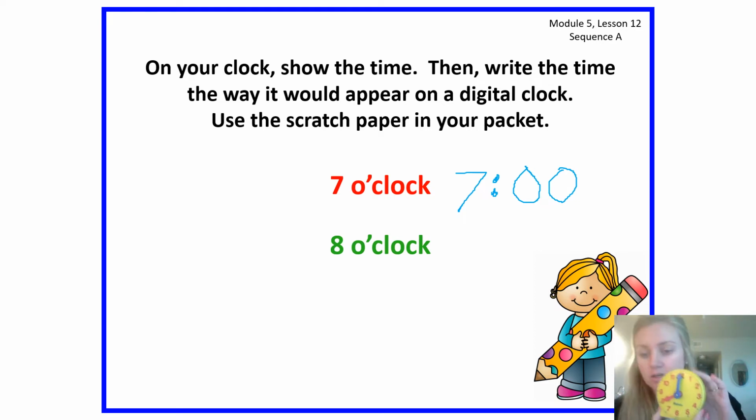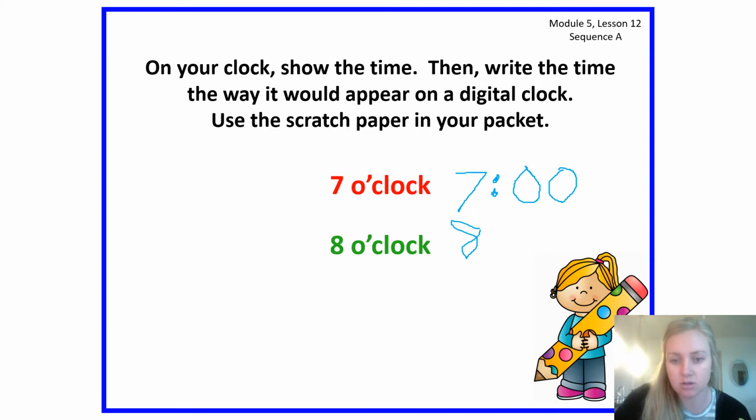Your clock should look like mine. The hour hand is pointing to the 8. The minute hand is pointing to the 12. And if we write 8 o'clock like a digital clock, it should look like this. Thumbs up if you got it.